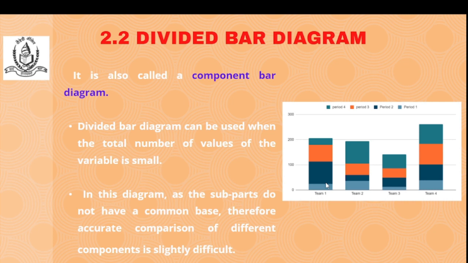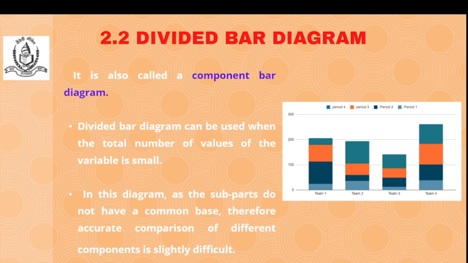Now there are a few limitations of divided bar diagram also. First limitation is that divided bar diagram can be used when the total number of values of the variable is small. In case the total number of values of the variable is large, then it becomes very difficult to accurately depict each component with the help of a divided bar diagram, because the scale becomes very narrow and thus each component is not depicted very clearly.